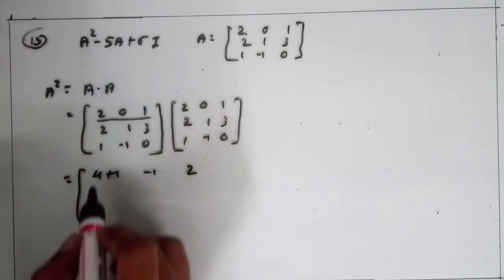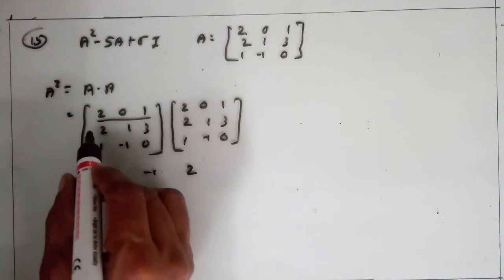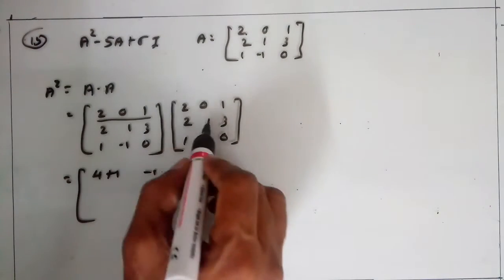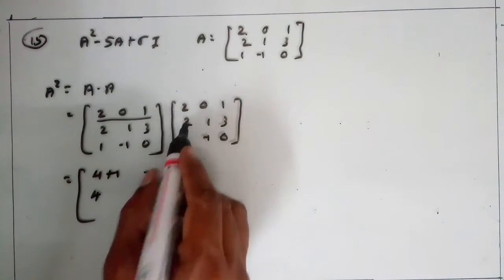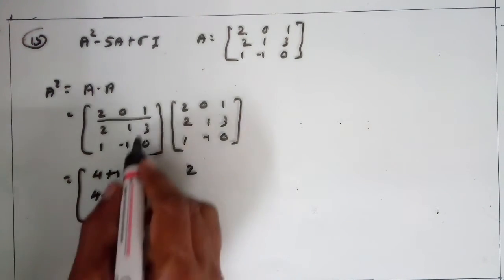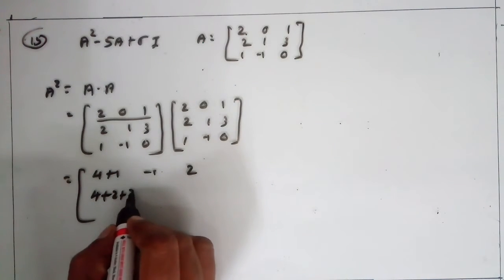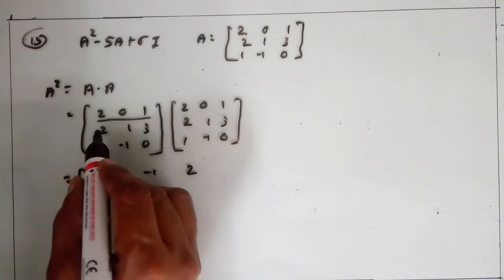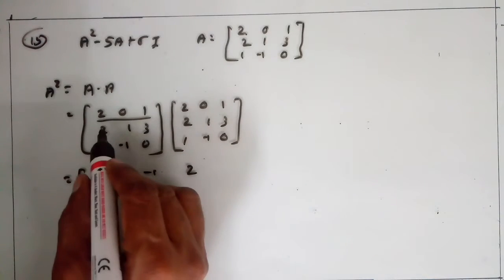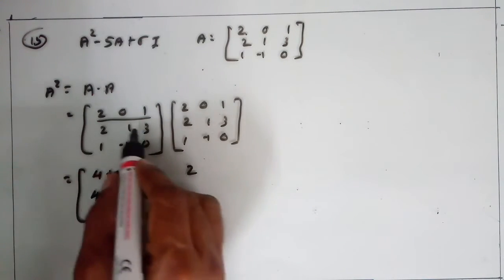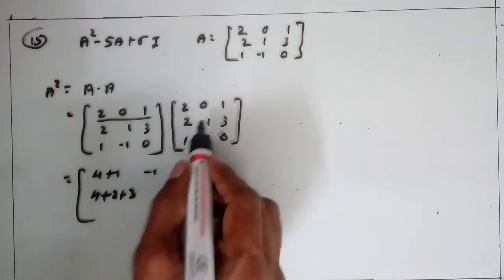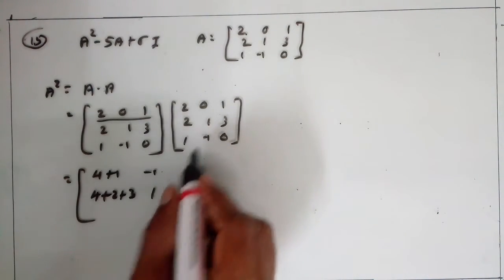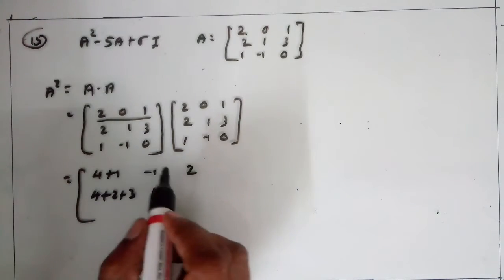Same for the second row, we use the second row and different columns: 2 into 2 is 4, 1 into 2 is plus 2, 3 into 1 is plus 3, and with the second row, second column: 2 into 0 is 0, 1 into 1 is 1, 3 into minus 1 is minus 3.